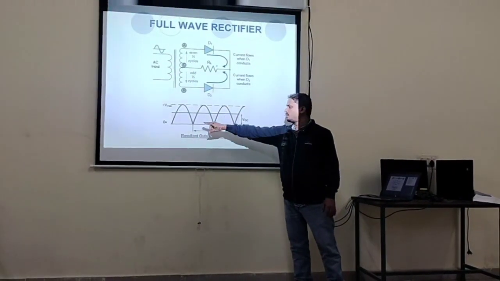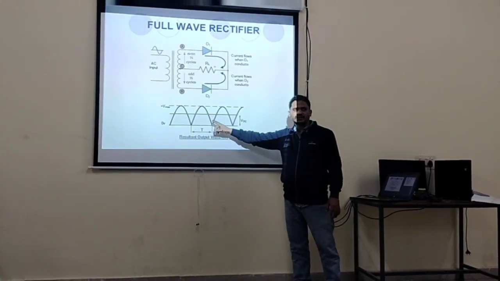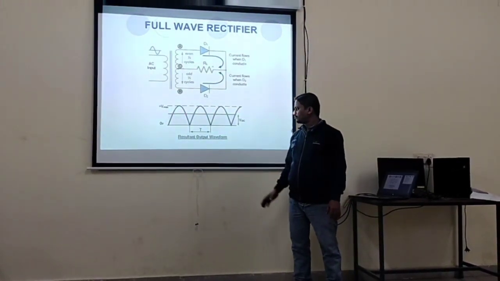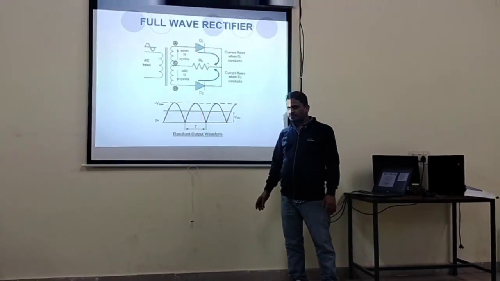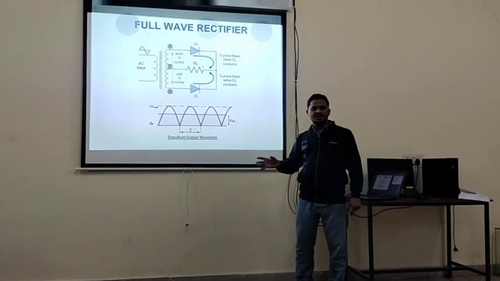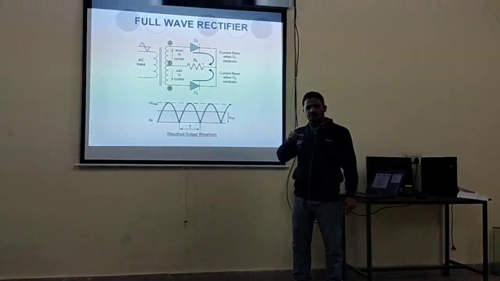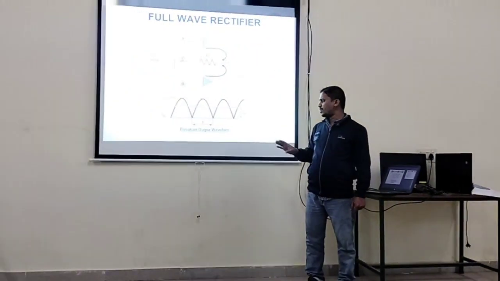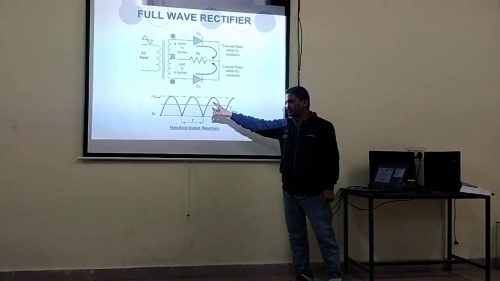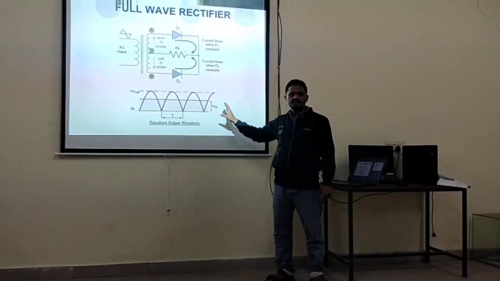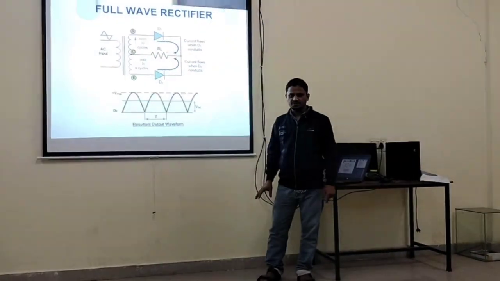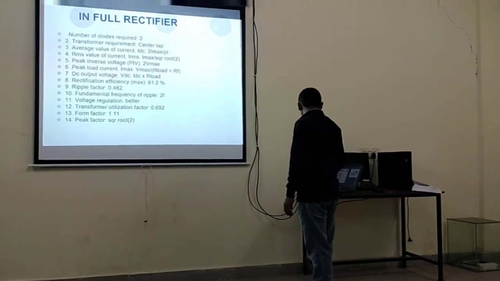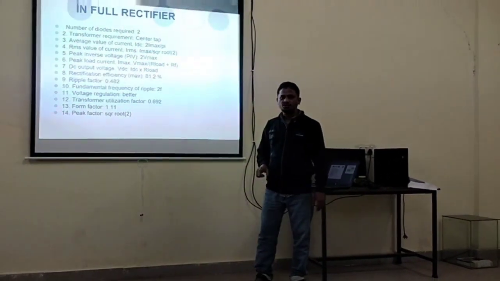Only positive half cycles flow in the output circuit, a continuous sequence of full positive half cycles. In the same way, the positive and negative half cycles of the input become a continuous waveform at the output, like that in the center tap full wave rectifier.